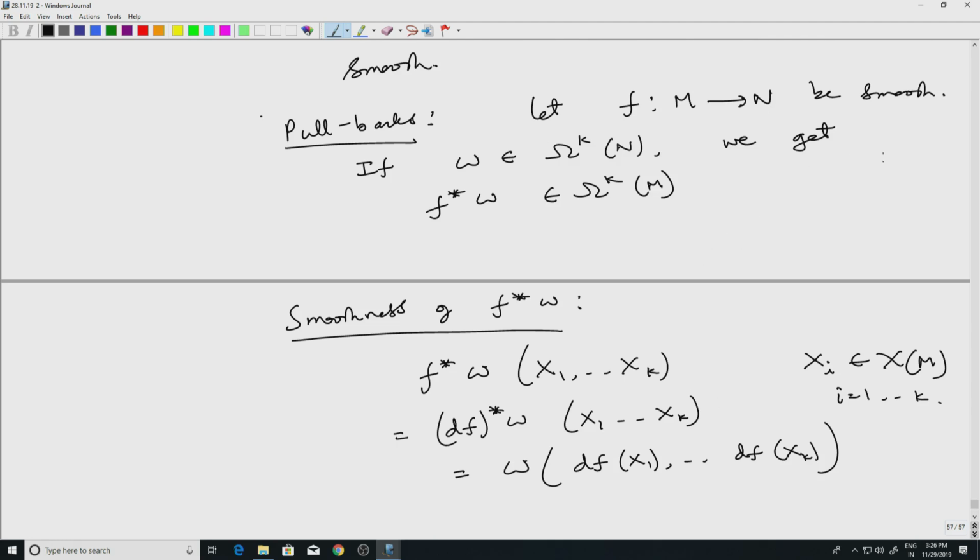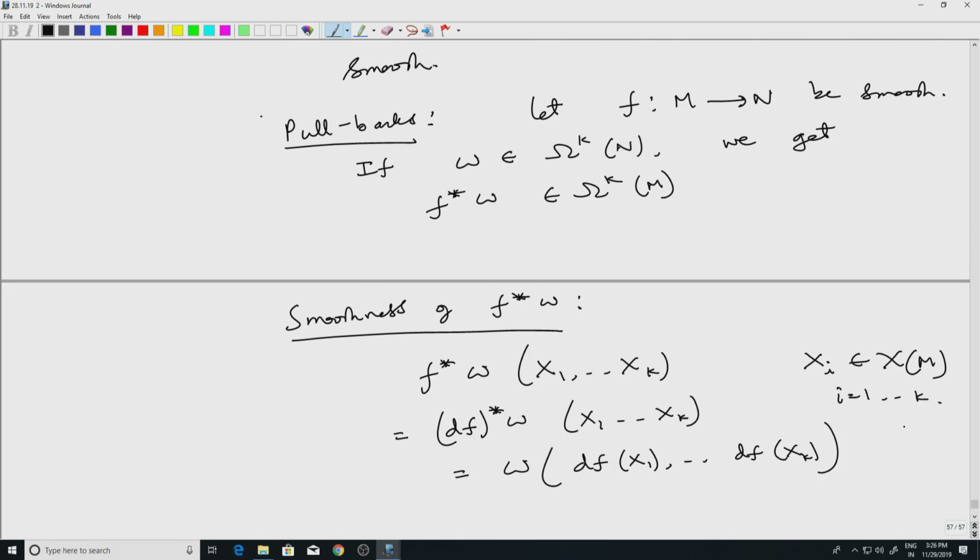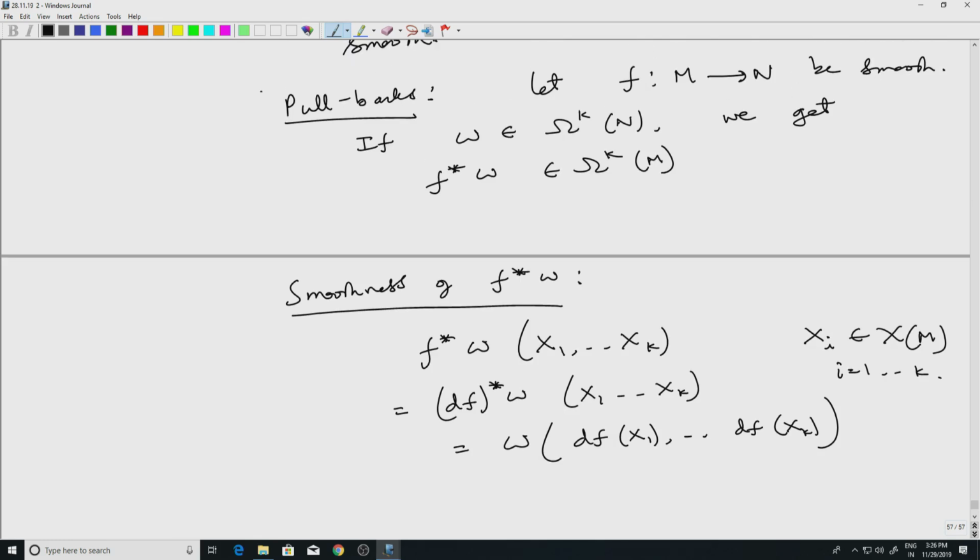It's a smooth form on N. So if you plug in K vector fields, I should get a smooth function on N. Let's take a point P. G of P equals F star omega at P applied to X_1 at P, etc., X_K at P. By definition this would be pulling back the form at F of P, which is omega at F of P applied to dF_P X_1 at P, and so on.